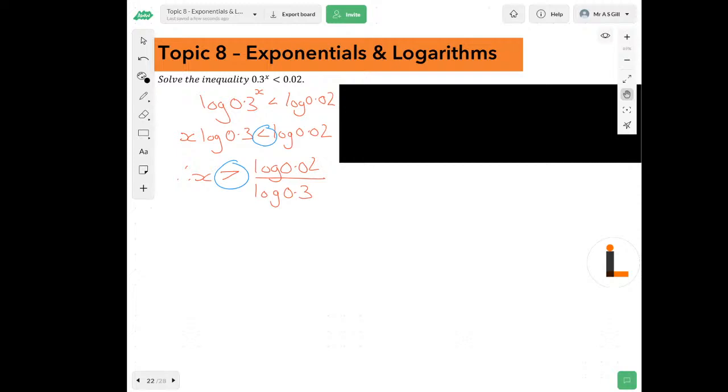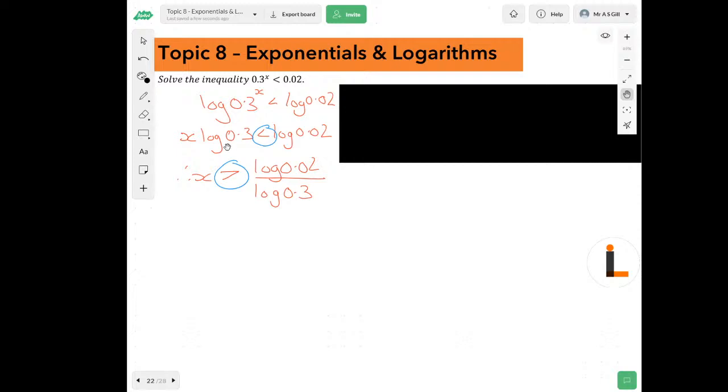The reason this sign changes goes back to when we first learned about inequalities back in GCSEs. When you are multiplying or dividing by a negative value, the sign of the inequality swaps. And log of 0.3 is negative. Log of any number below 1 is negative.